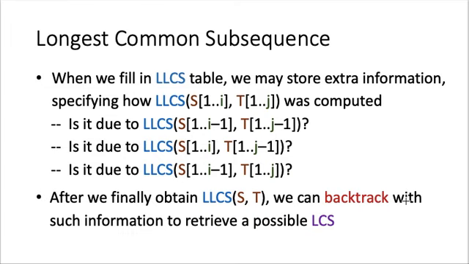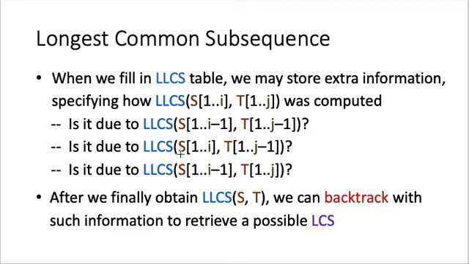Now, to get the actual longest common subsequence, when we fill this LLCS table, we will be storing some extra information that specifies how each term LLCS of S1[i], T[j] was computed. Is it because we are adding 1 to the LLCS of S1[i-1], T[j-1]?